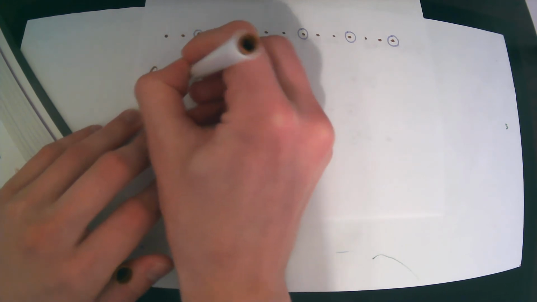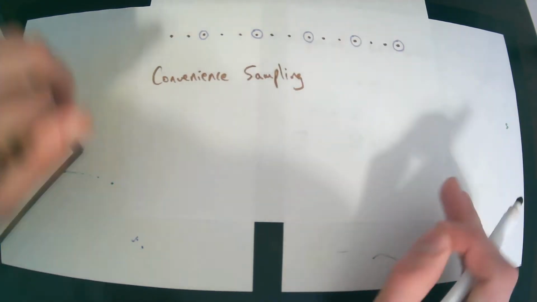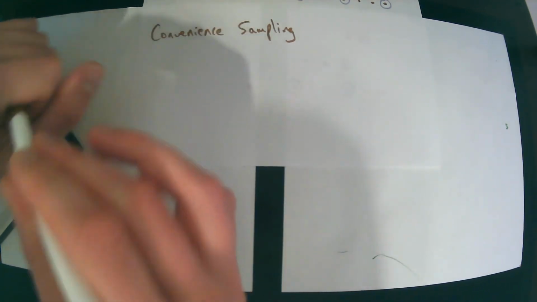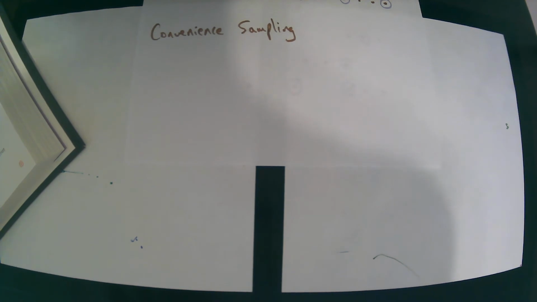Okay, so the last type of sampling, probably the worst kind, is convenience sampling, so named because it is convenient for whoever's conducting the research or the study or the survey. So a convenience sample is one in which the sample is convenient to select. Okay, that's pretty much implied from the name of it.